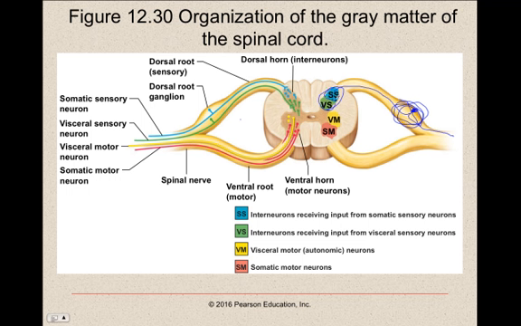So here we're going to have somatic sensory being innervated. Here we're going to have visceral sensory being innervated. So you can see the lateral and the anterior horn are going to be mostly dedicated to motor then. Because again, our motor neurons are exiting that anterior root. So here's our visceral motor and our somatic motor neurons.